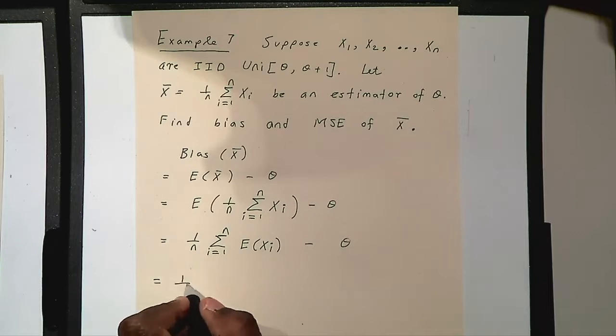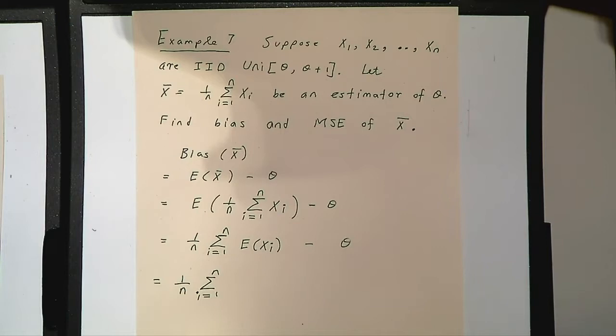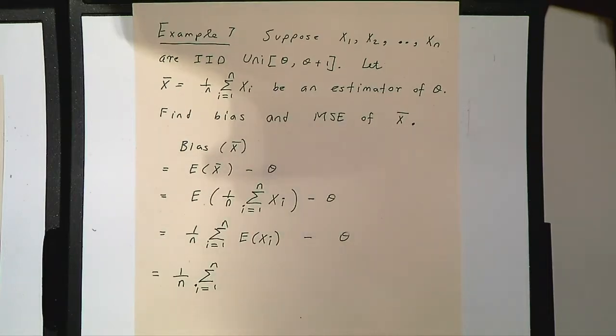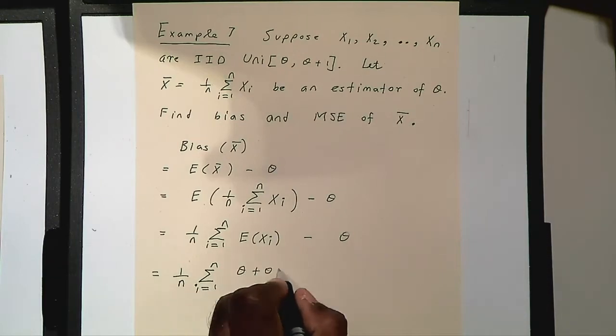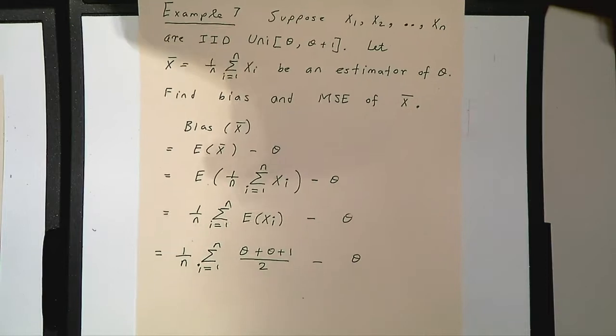Now, do you remember the formula for the mean or the expectation of a uniform? It's a plus b divided by 2, right? So in this case, theta plus 1 divided by 2 minus theta, right?